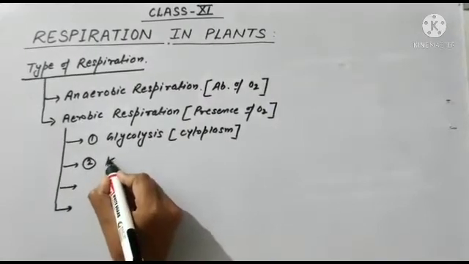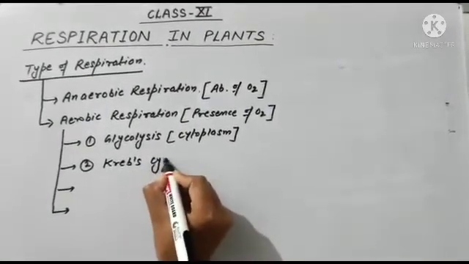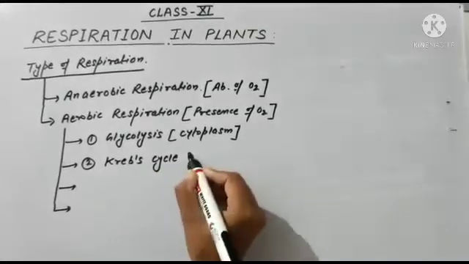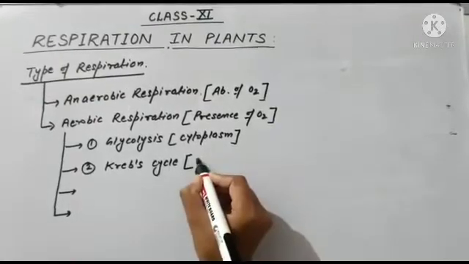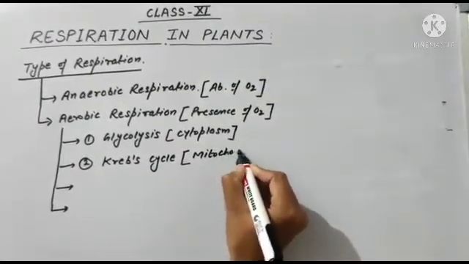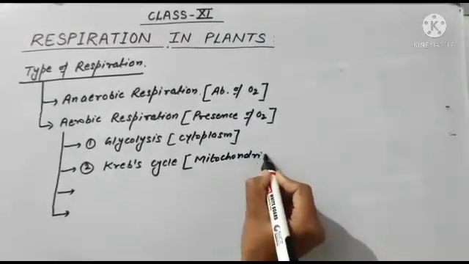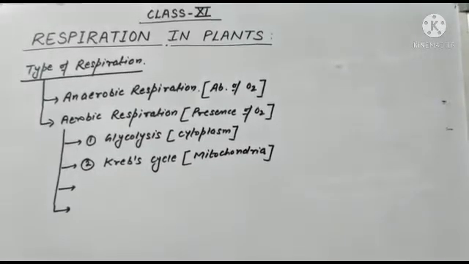The second one is called the Krebs cycle. The Krebs cycle is the main step of aerobic respiration, which occurs in the mitochondria, an organelle also known as the powerhouse of the cell.